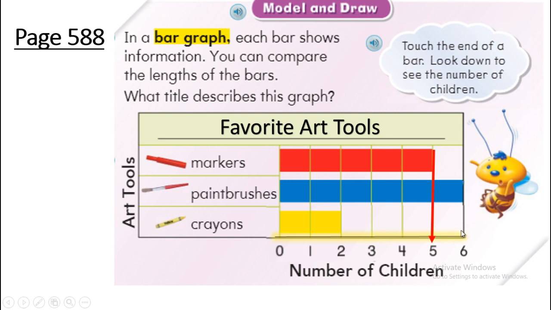What is the number? Excellent, it's number 6. 6 children chose paintbrushes. How many children chose crayons? The same way. Go to the end of the bar, go downwards, and find your number. The 2 children chose crayons. So each time, touch the end of the bar. Look down to see the number of children.